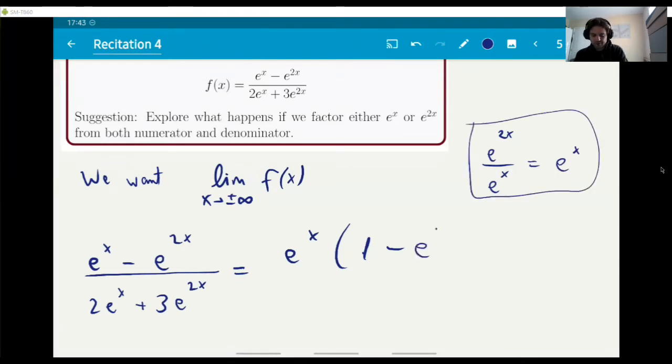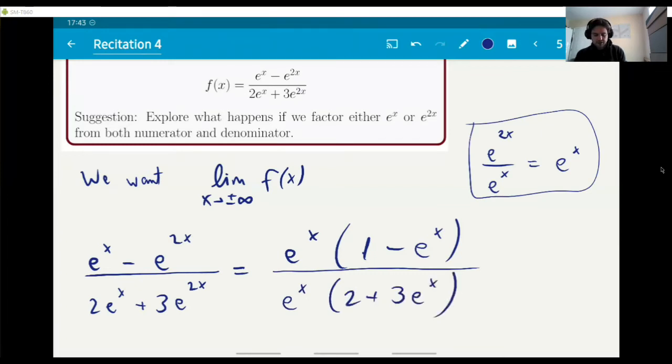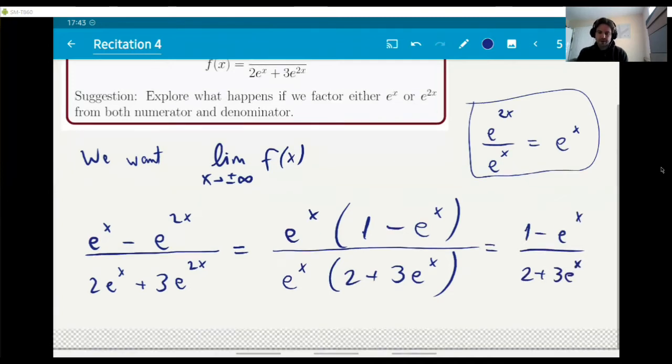So be careful about this. And similarly, downstairs, we'll get 2 plus 3e to the x. So after factoring e to the x, we get this expression for the function.